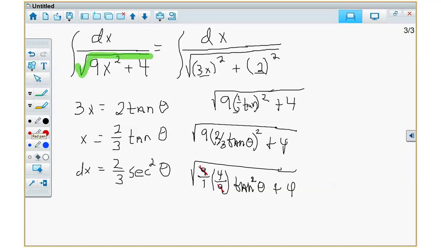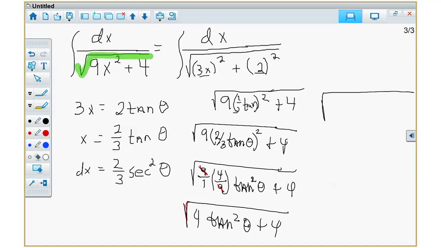And look what you're left with: the square root of 4 tangent squared theta plus 4. Factor out a 4, and that'll give you 4 times tangent squared theta plus 1.